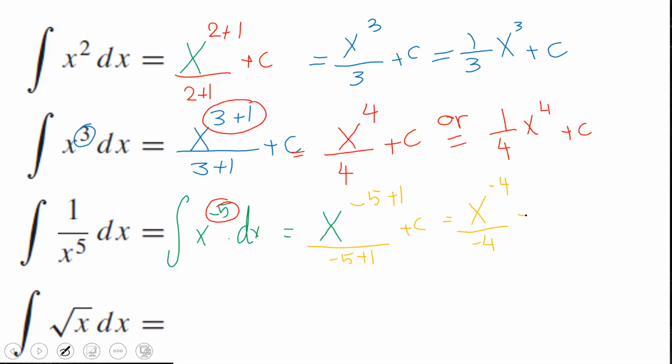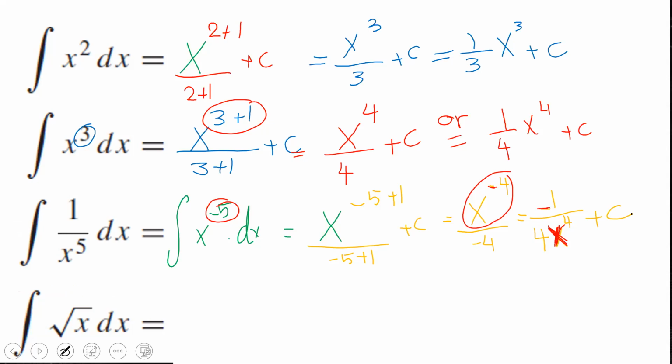That means I can write it as negative 1 over 4x to the power 4. Why? When I write x to the power negative 4, I write it as 1 over x to the power 4, and then the 4, keep it in the denominator and put the negative sign up. So it's like negative 1 over 4x to the power 4 plus c. Is it clear?